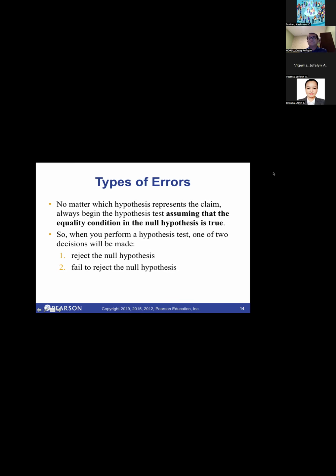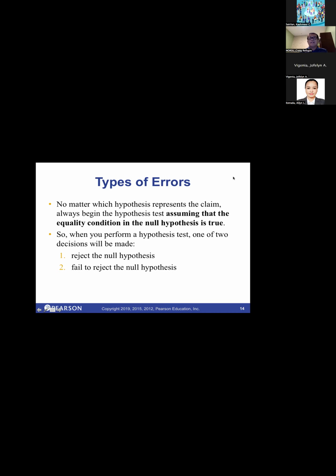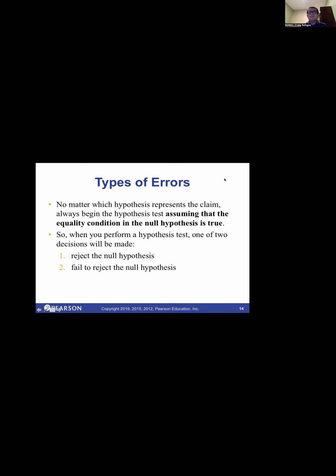Do you follow? Yes. Fail to reject the null hypothesis, that is actually the term. Some books use the term reject the null hypothesis, but it must be coupled with fail to reject the null hypothesis.